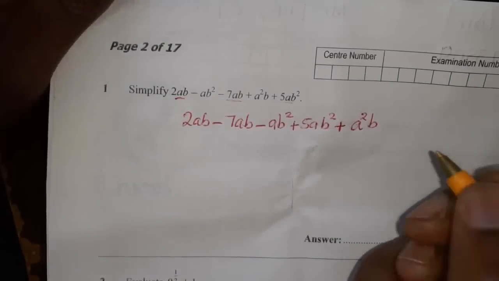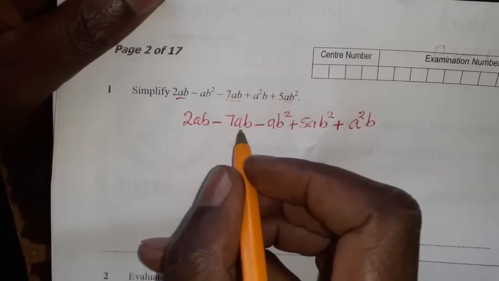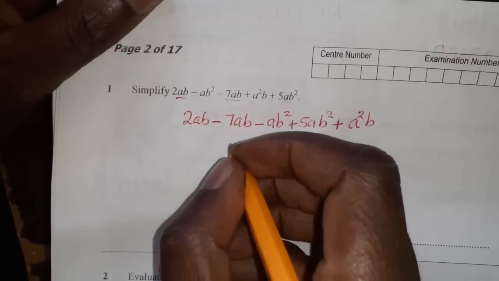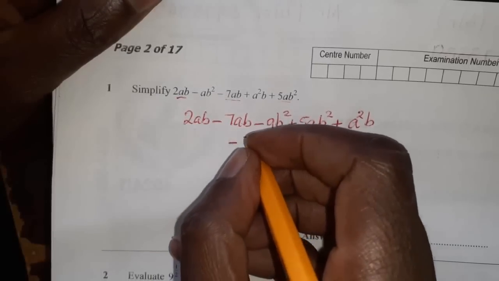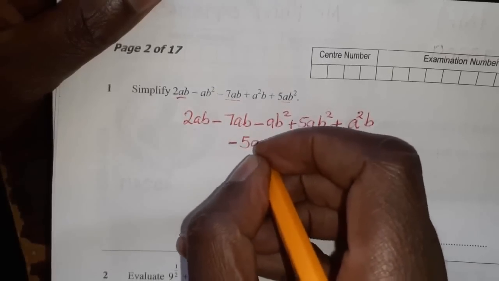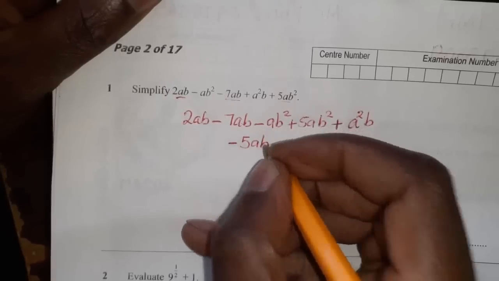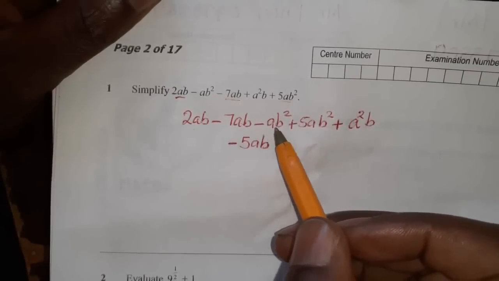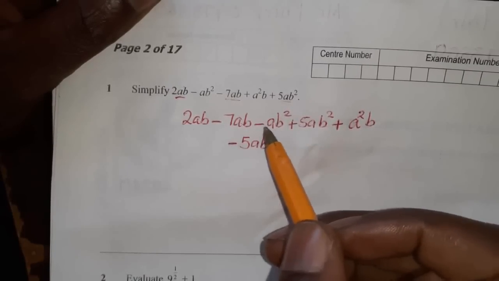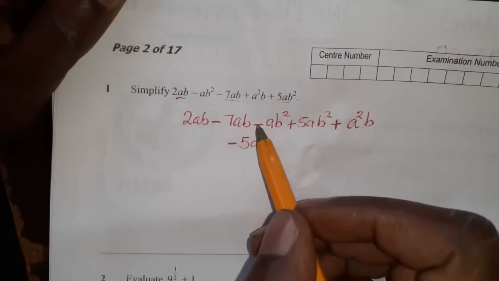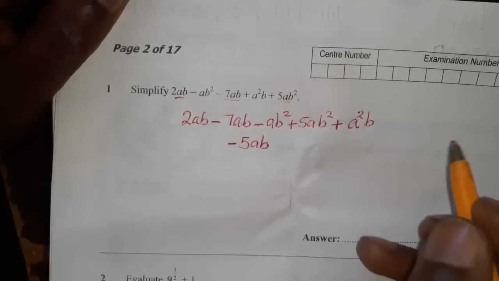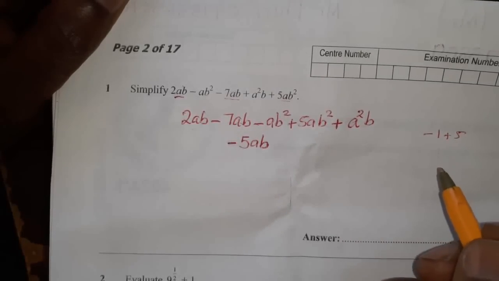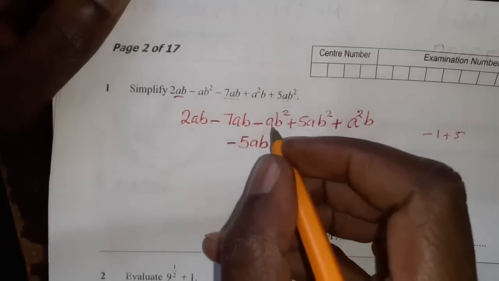Now we simplify these ones here. 2ab minus 7ab gives us negative 5ab. Take note here, this one is a like term to this one. So when you are simplifying them, you need to take note of this sign here. It's like we are looking at this plus this one. What are we going to get here?